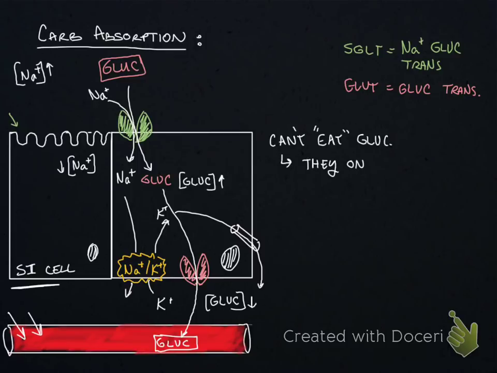They only eat or utilize what's called glutamine. Okay, and which is a good thing, or else we would never be able to absorb glucose into the blood. It would just all stay in the cell and they would use it for themselves. Okay.